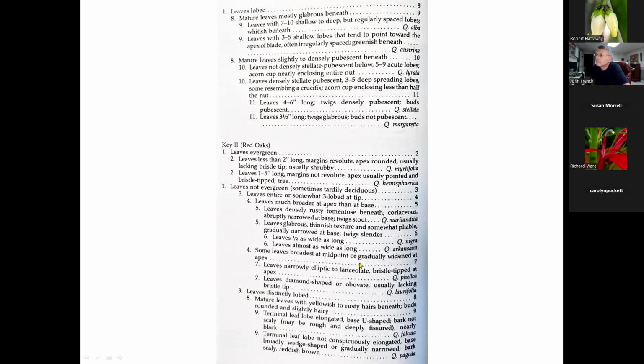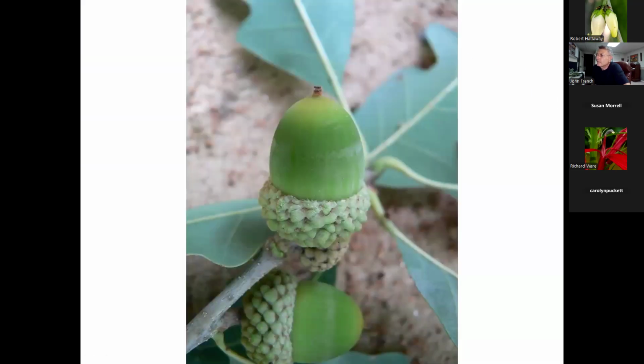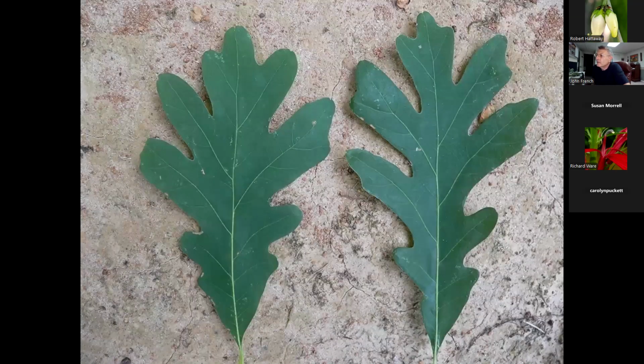All right, going back to my picture. You can tell that it has more or less regularly spaced and deep lobes, and the lobes don't point toward the tip. They kind of point out at a 45 degree angle or something like that.